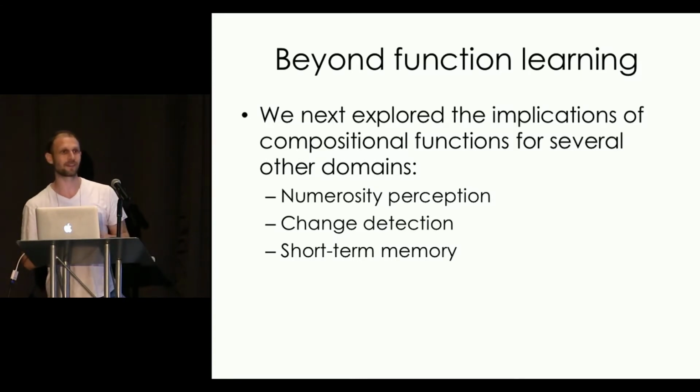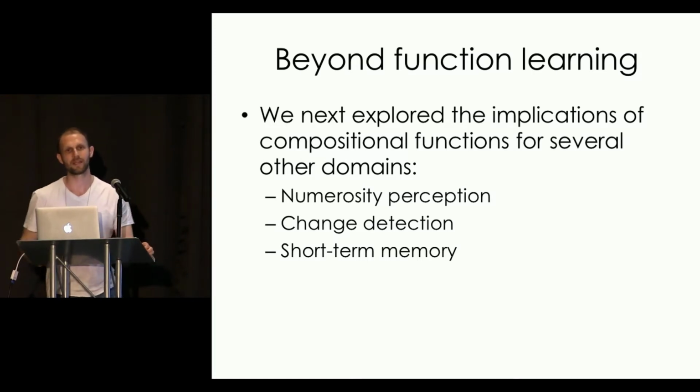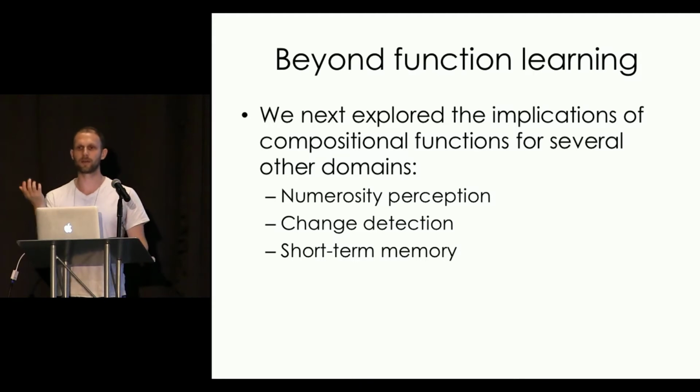Another interesting observation is that when people make numerosity judgments, if there are statistical regularities in the display of items that they have to remember, then they will show a systematic bias towards a lower numerosity judgment. In other words, they tend to underestimate the number of items in the display, and that underestimation grows with the regularity. This is true for compositional functions.